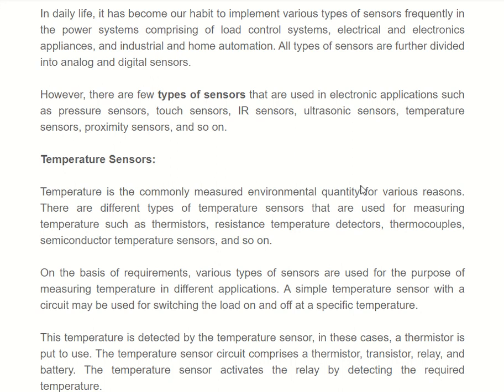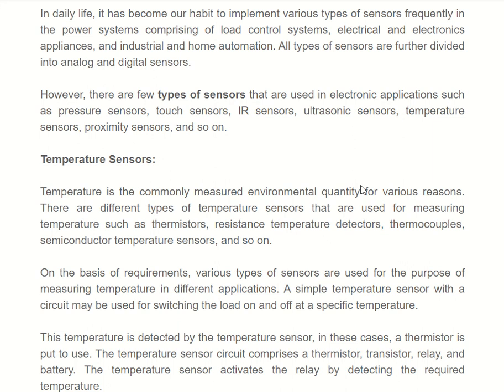And after that, we divide them into analog and digital sensors. However, there are a few types of sensors that are used in electrical or electronic appliances, like pressure, touch, infrared, ultrasonic, temperature, proximity. So let's see these types of sensors one by one.